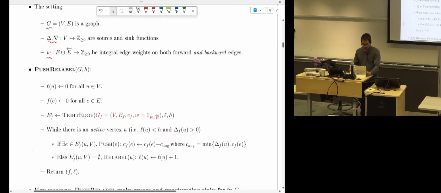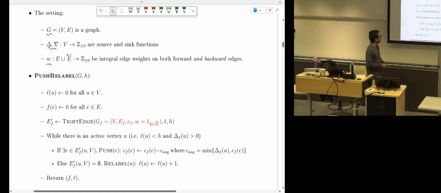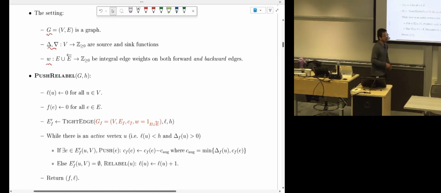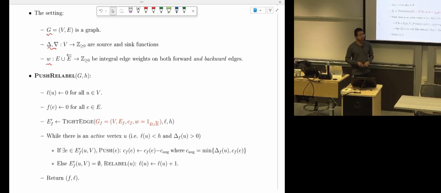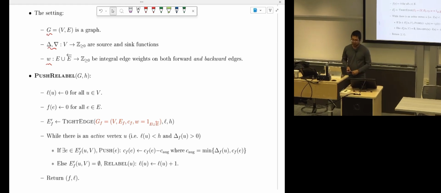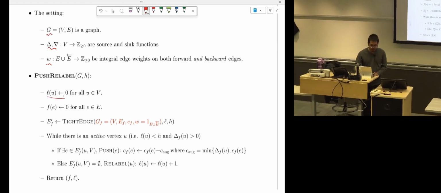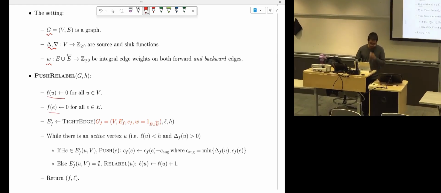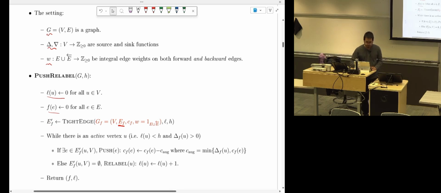And the push Relabel algorithm just does this, the thing that we learned last time. You start with every level at 0, start with empty flow, and then we maintain the tight edges in the residual graph, and only those are tight. But on what weight function? On the all-one weight function.